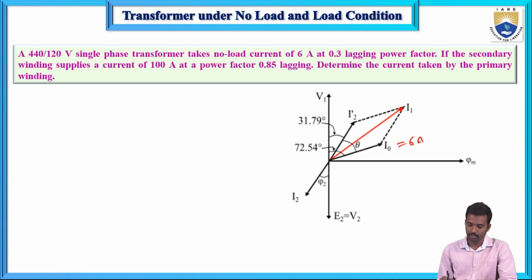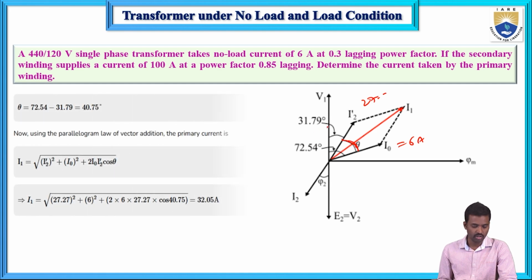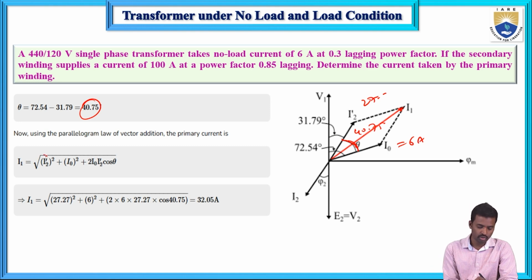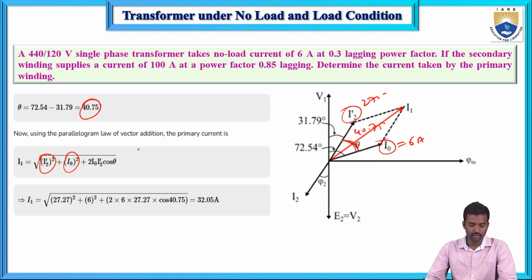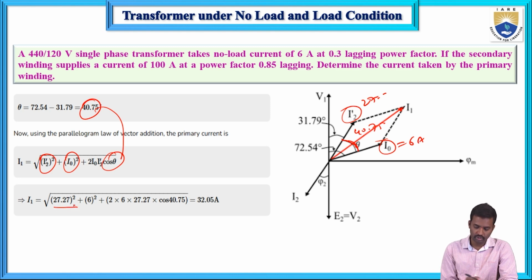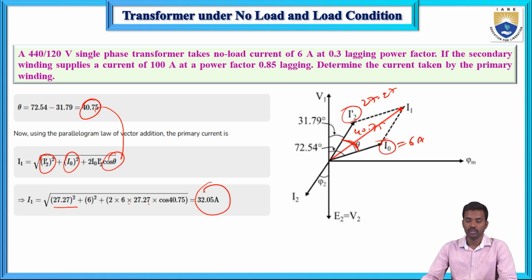This one is 6 amp and this one is 27.27. If two vectors add, I1 squared equals I2 dash square plus I0 square plus 2 into I0 into I2 dash cos of the angle between them. Substituting 27.27, 6, and 2 into 6 into 27.27 into cos of 40.75, that value is 32.05 amperes.